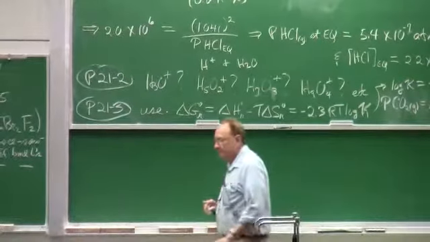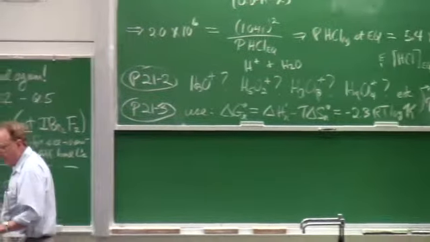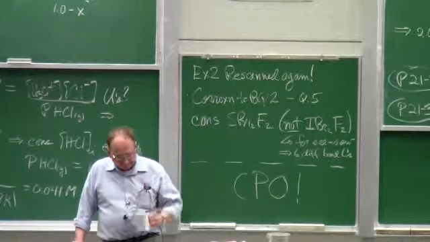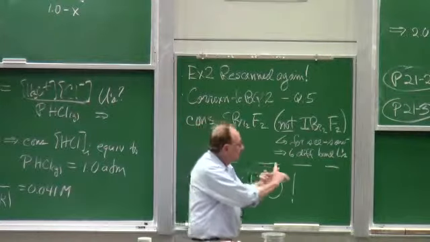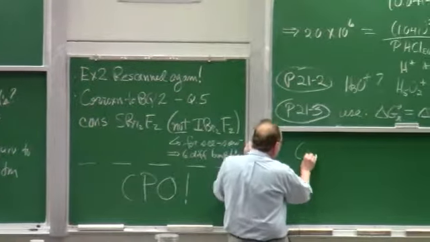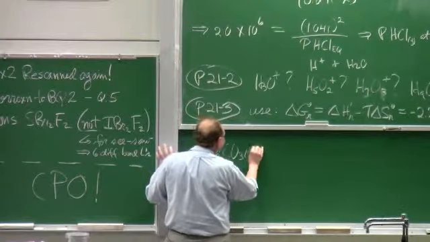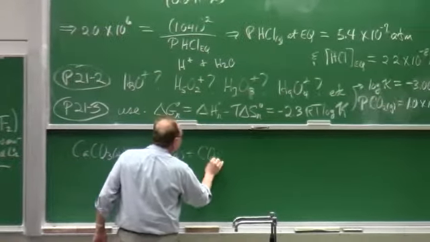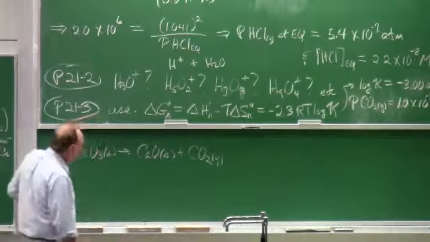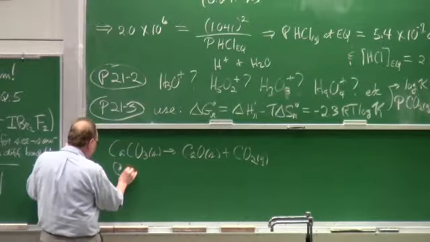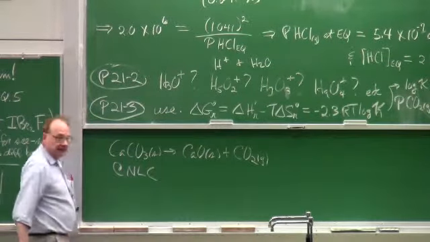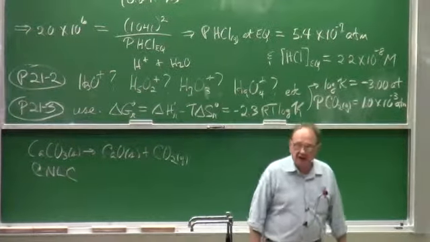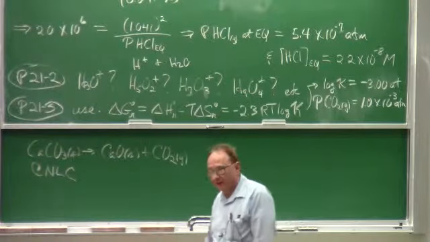Problem 21.3. Recall, if you will, what you did in discussion class. It was A, to consider the decomposition of calcium carbonate into calcium oxide and CO2, first at NLC, normal lab conditions, for which you got a K value on the order of 10 to the minus 23.